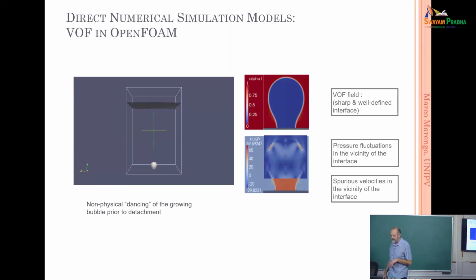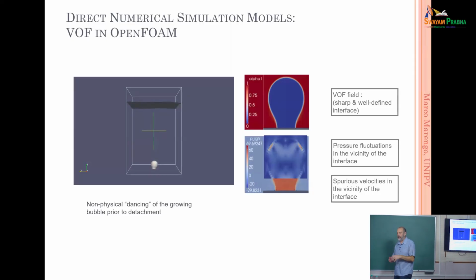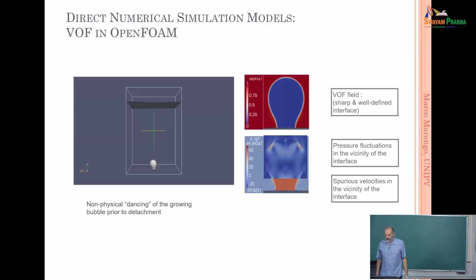And you can see, for example, in this image, that we have pressure fluctuations at the interface. This is due to the fact that we are reconstructing the surface using an approximation of the value of the volume fraction when we have a variation from 0 to 1 or from 1 to 0.